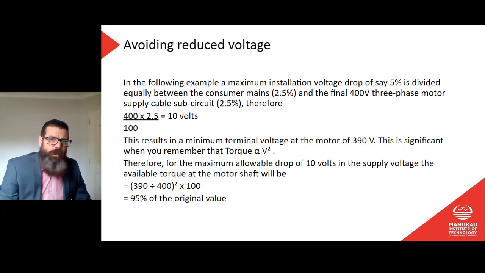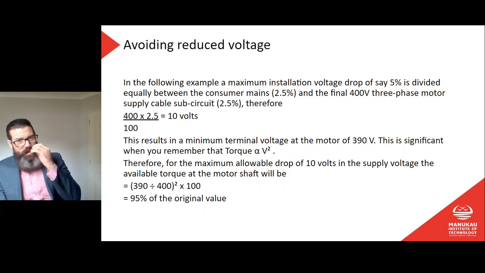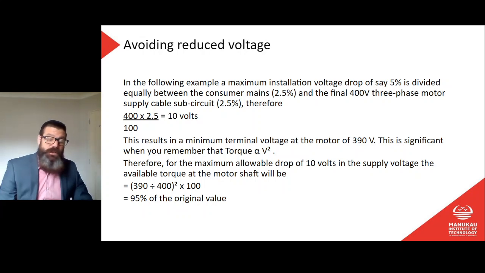In the following example, a maximum installation volt drop of about 5% is divided equally between the consumer mains, 2.5%, and the final 400 volt 3-phase motor supply cable circuit, 2.5%. Therefore, 400 times 2.5% is 10 volts, so we can have a 10 volt drop at each of those parts.